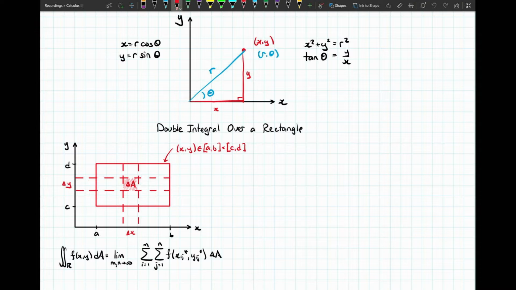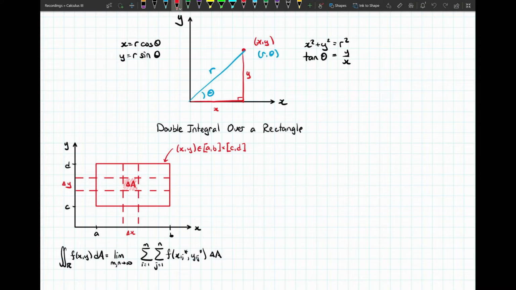The double integral over this rectangle R of the function f dA is defined as the limit as m and n go to infinity of the sum from i equals 1 to m and the sum from j equals 1 to n, essentially the sum over each of the subrectangles of f evaluated at some sample point (x_ij star, y_ij star) in each subrectangle times delta A.